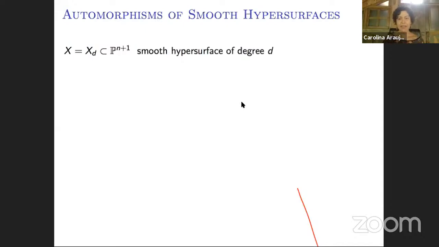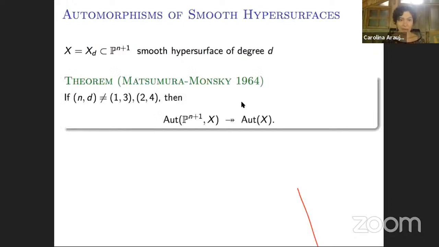Here there is this beautiful theorem by Matsumura and Monsky from 1964 that says that the automorphisms of a hypersurface are always induced by linear automorphisms of the ambient space, except in two cases: the case n, d equals 1, 3, that is a cubic plane curve, and n, d equals 2, 4, which is a quartic surface in P3.